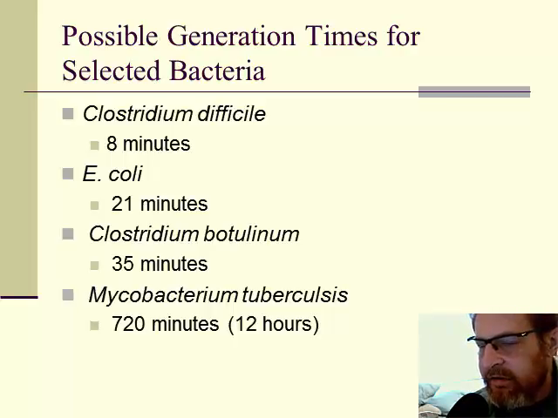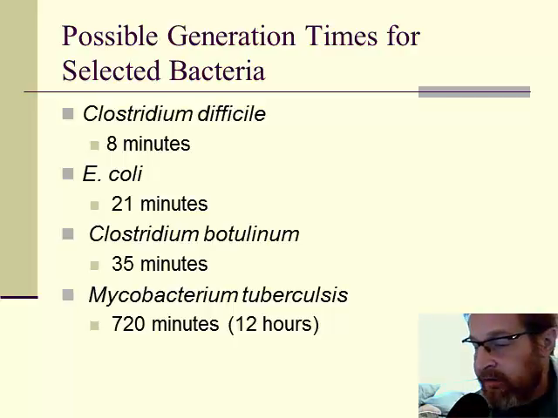And then the extreme that I'll show you here is Mycobacterium tuberculosis. And Mycobacterium tuberculosis is the causative agent of the disease tuberculosis. And it only divides once every 121 minutes, or in other words, every 12 hours.